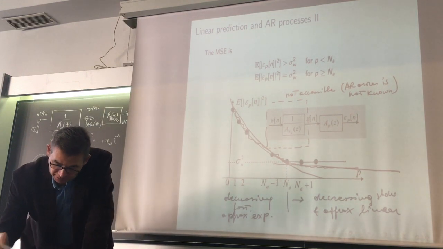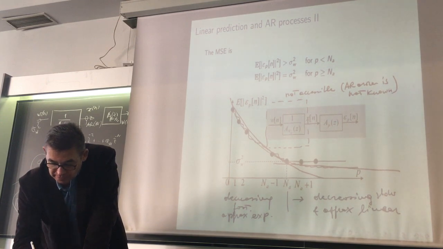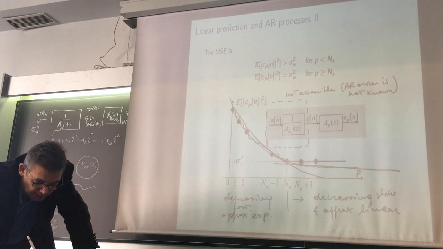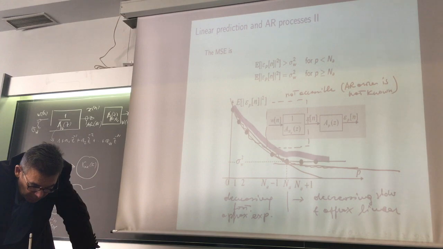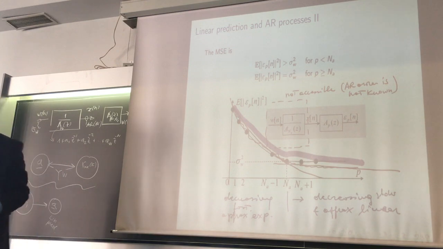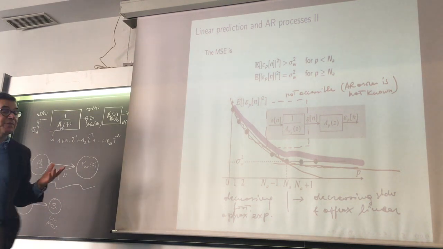Actually, I should write it this way: this slope is higher than it should be due to the inaccuracy of the coefficients that you estimate, because it's a sample value. So you don't have a true autocorrelation.